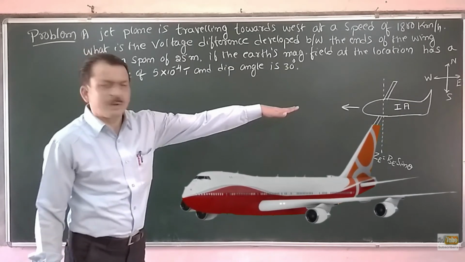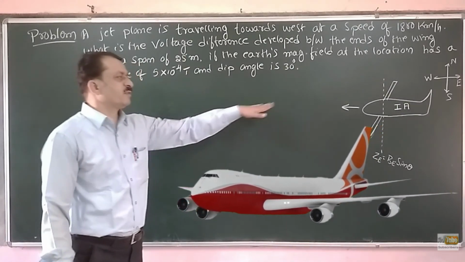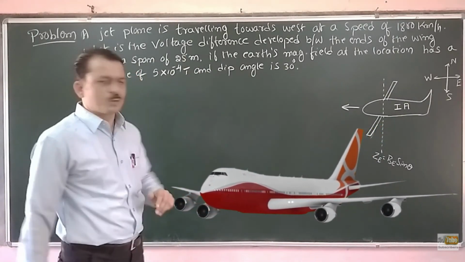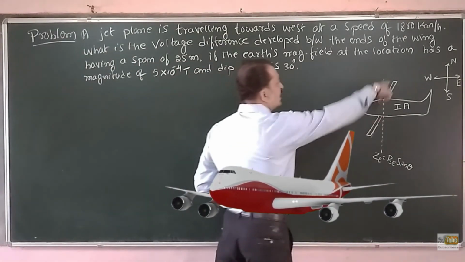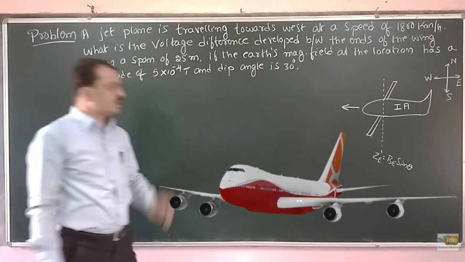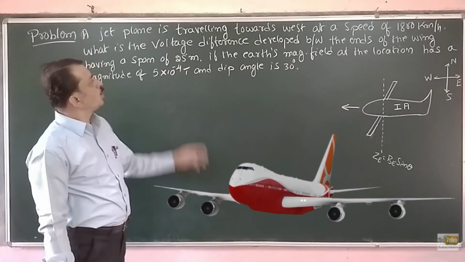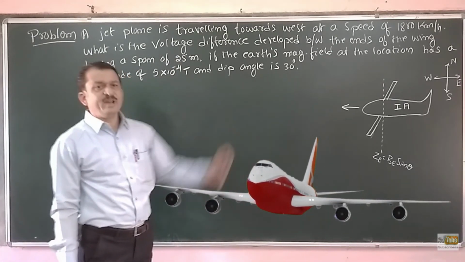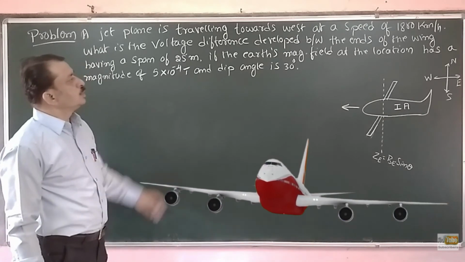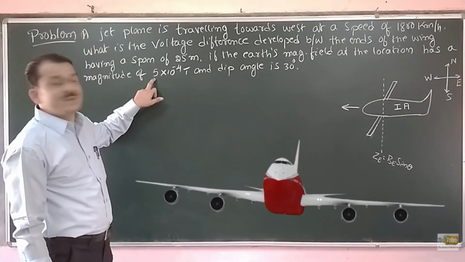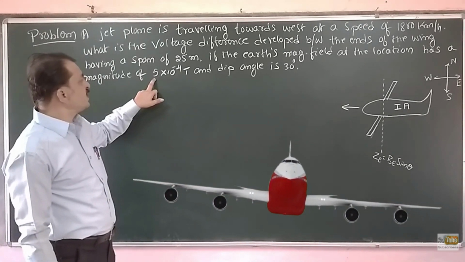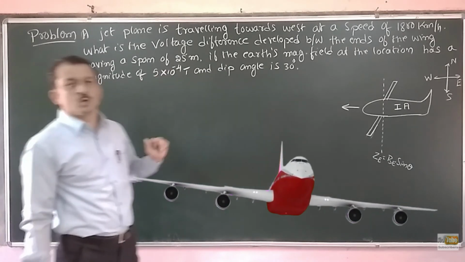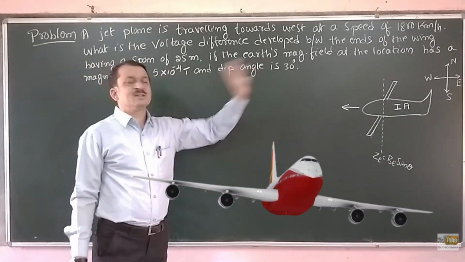Now we have an aeroplane moving from east to west direction. It has a wingspan of 25 meter. And the Earth's total magnetic field is given, that is 5 into 10 to the power minus 4. And the dip is given 30 degree.